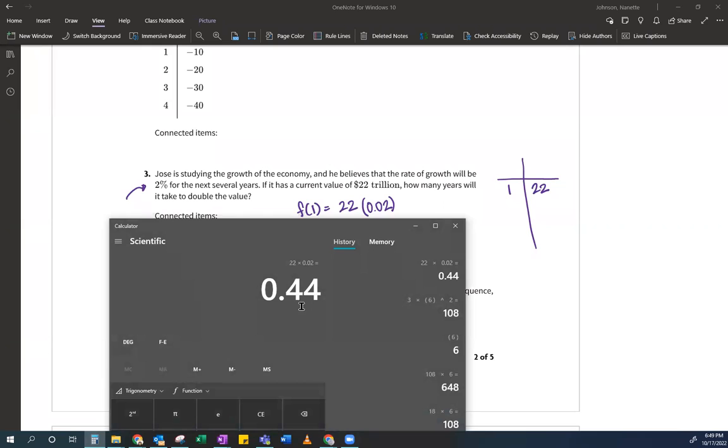In fact, I don't even have half of $1 trillion. If your bank account, now change this to, I don't know, dollars, just so that it makes a little bit more sense. Let's say you put $22 in the bank and that's all you had in there. And then you waited, I don't know, a year, and then you went back in there and you saw 44 cents. This is how you say 44 cents.